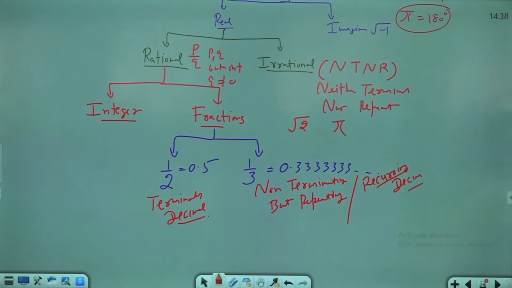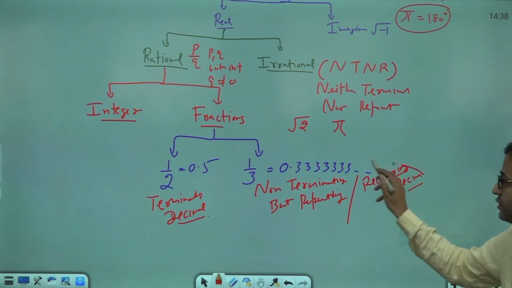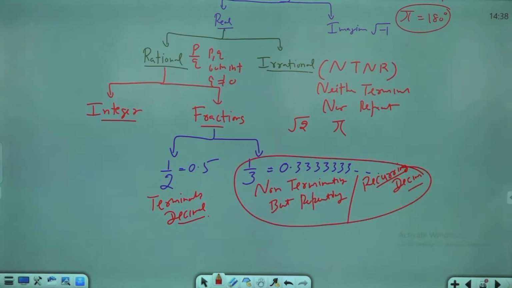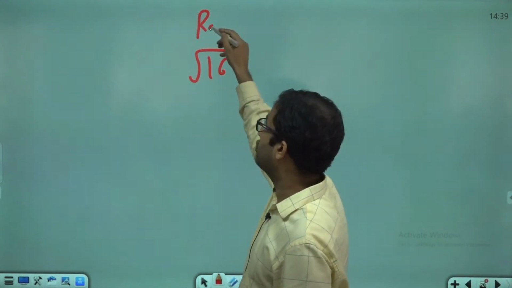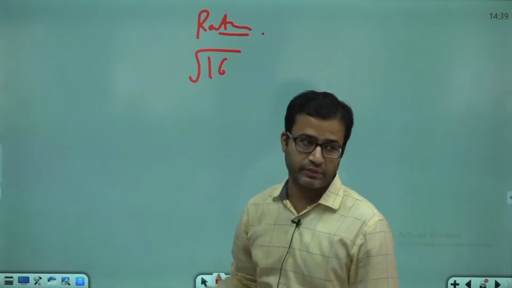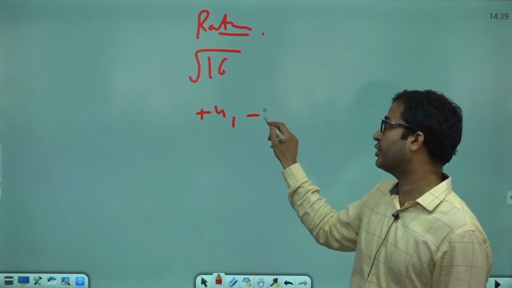Okay, basic over. Now here this one. See here, root 16, yes, for sure it has to be rational, because when you simplify it, either it is plus 4 or it is minus 4.